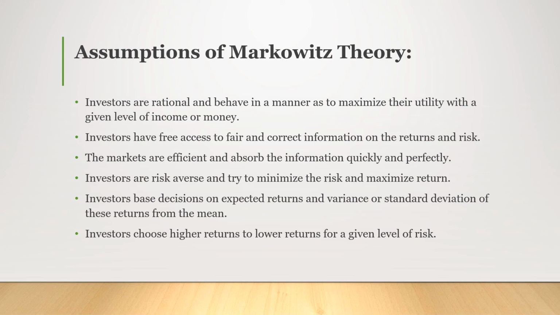That means he has to be given information on the funds where the diversification has to be done, how much risk he has to bear, and how much he is going to get in return. So all this information should be given by the companies to choose the different ways of diversifying the funds.